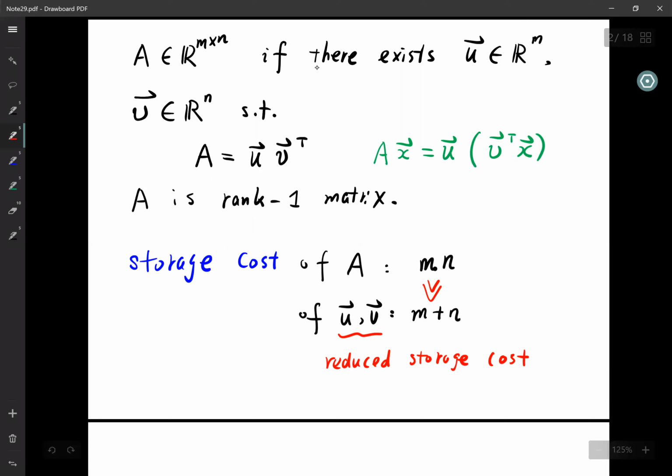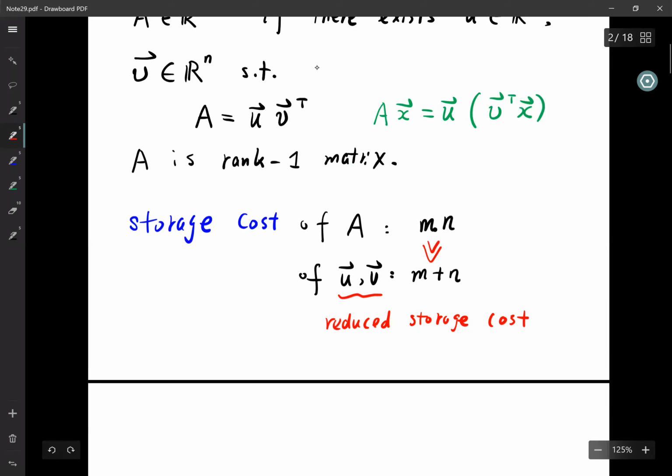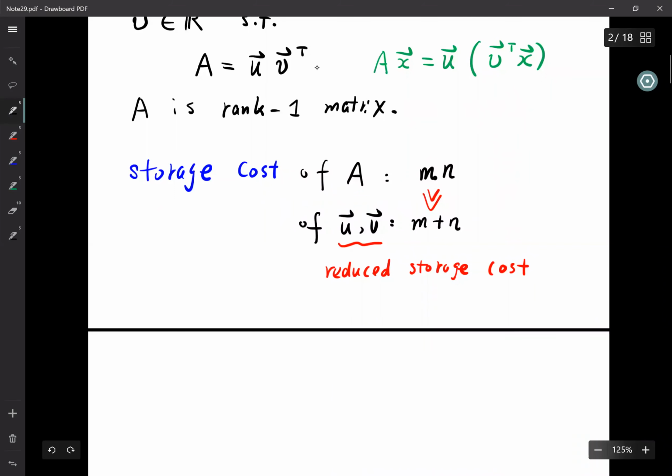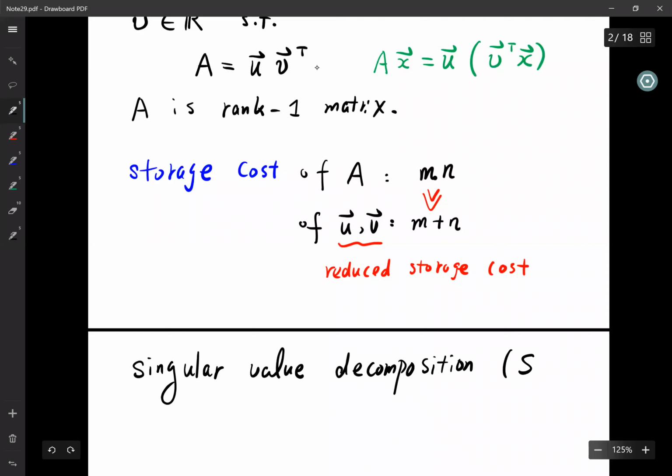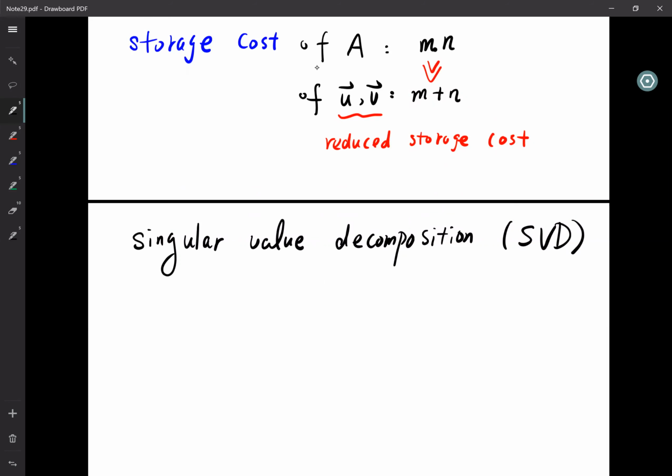The generalization of this simple example is really the topic today, which is called singular value decomposition, or SVD. The story of SVD was that in the 60s it remained a concept mainly used to construct some proofs and other things.